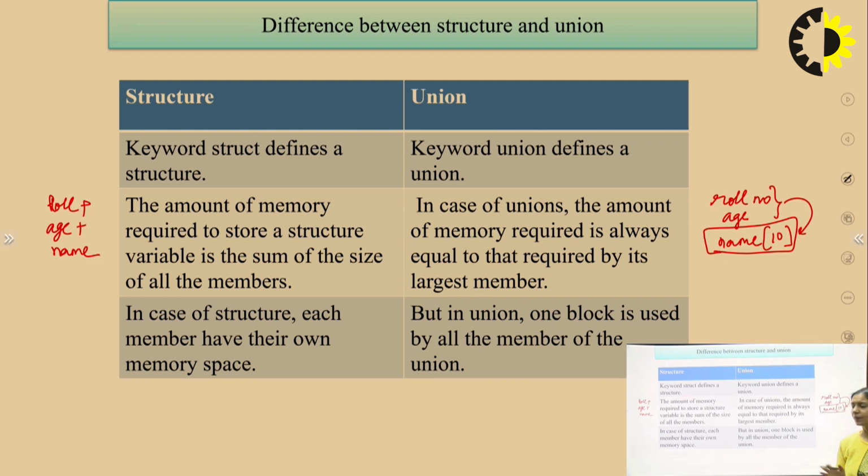There we had the sum of the memory spaces, but here the amount of memory required is equal to the memory required by its largest member. Next, in case of structure, each member has its own memory space. As we have seen, roll number will have a separate space, age will have a separate space, and name will have a separate space. But in union, one block is used by all the members of the union. The same block of memory will be shared by all the members of the union, be it roll number, age, or name.